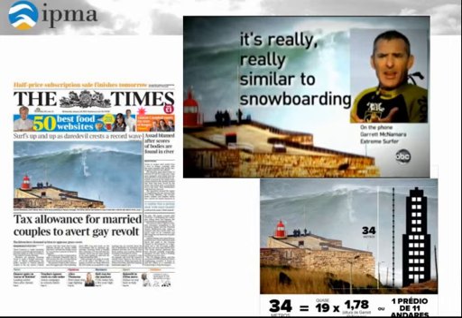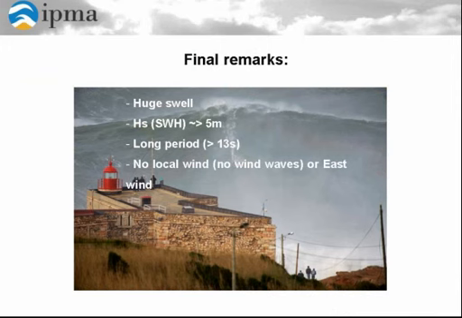And as final remarks, if you want to come to Nazaré to see these waves, or even surf, if you can also try, you should combine these conditions. You have to have a huge swell, which means significant wave height values of more than 5 meters.